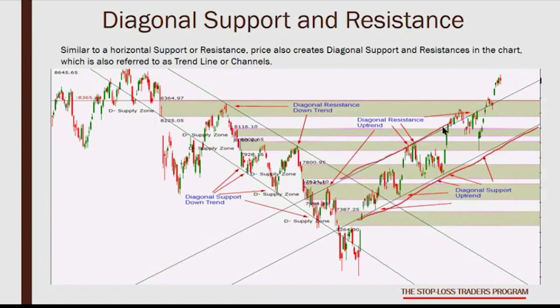After a couple of touches, 1, 2 and 3, this resistance became weak, right? And hence price moved up very easily, hit another small resistance. It broke this major resistance area. And what happened?